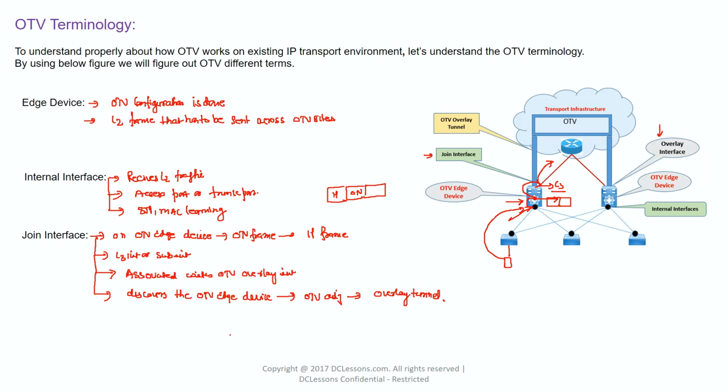Join interfaces are used to send and receive MAC reachability information. These are also used to send unicast and multicast traffic.